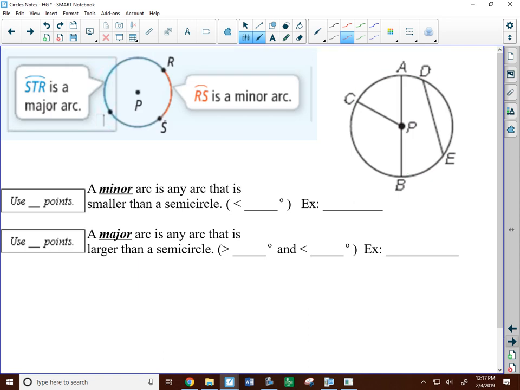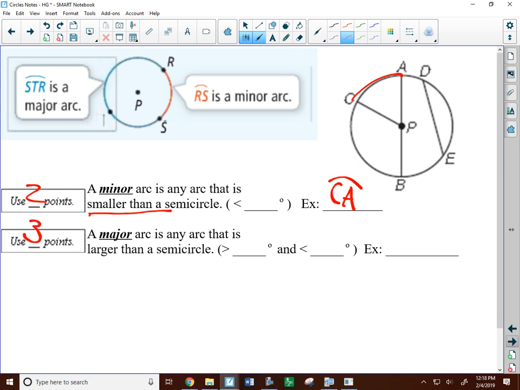So then there's minor arc and major arc. Minor is anything less than a semicircle. So anything smaller than a semicircle is minor, and we'll use 2 points for that. That was the one I did a minute ago, CA or AC. Semicircle, 3 points.